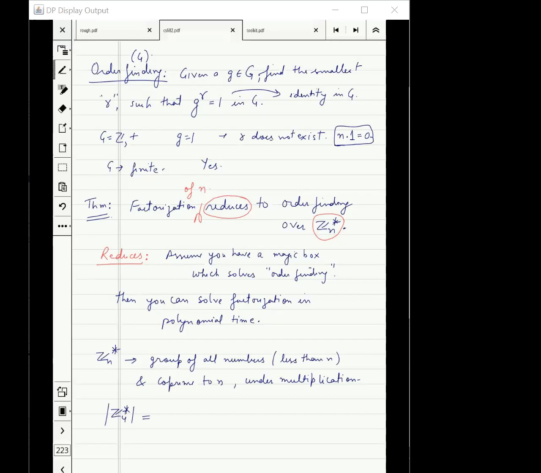Come on, you can do it quickly and then we can move on. 2. Right? The elements are 1 and 3. Here, 1 squared is equal to 1 and 3 squared equals 1. Right? 3 multiplied by 3 is 9, which is 1 mod 4. All the calculations will be done modulo 4 here, and the group operation is multiplication. This is the group Z4 star.